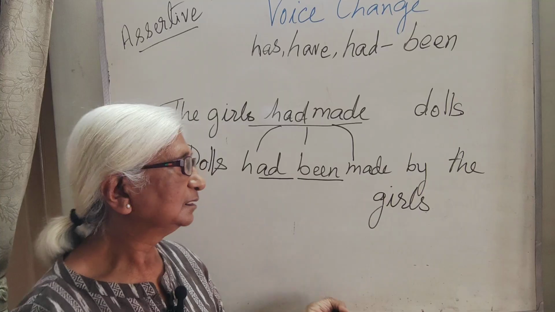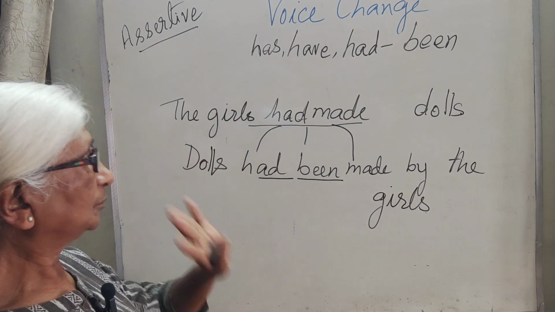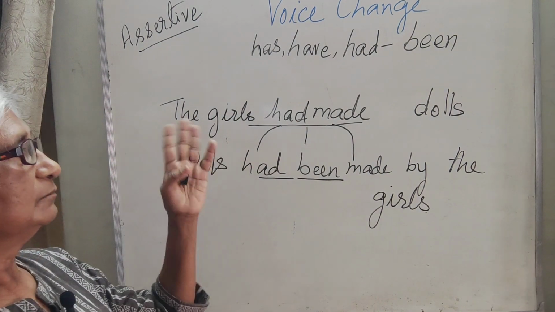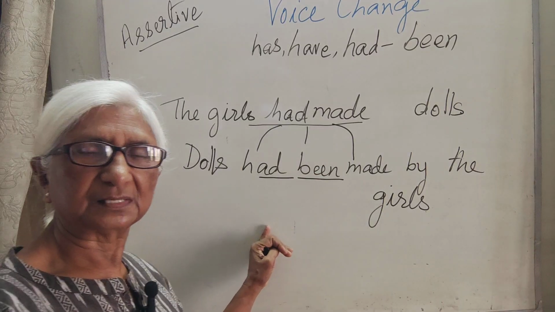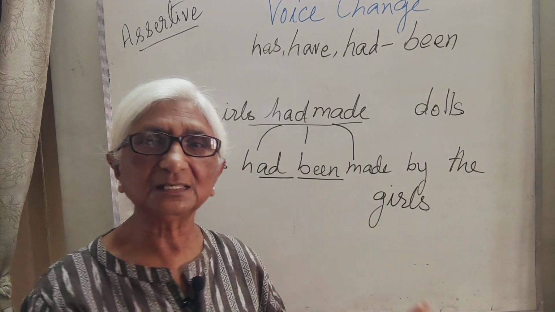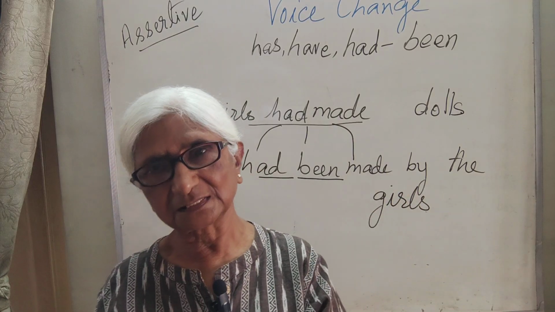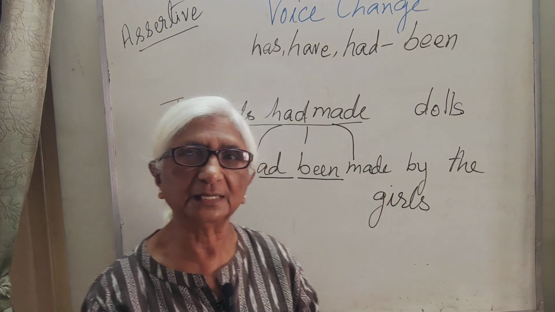So whether the subject is singular or plural, whether the object is singular or plural, if it is past perfect tense, you always have had, so you don't have to worry about present has, past had, present have, past had, nothing of that sort.